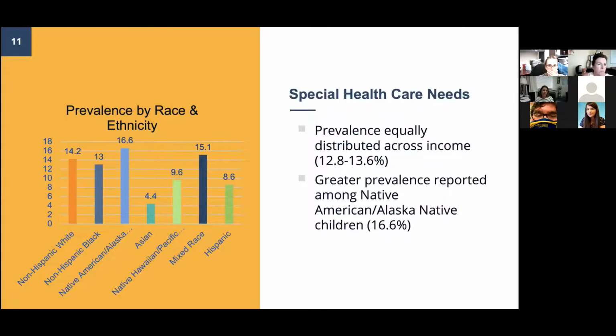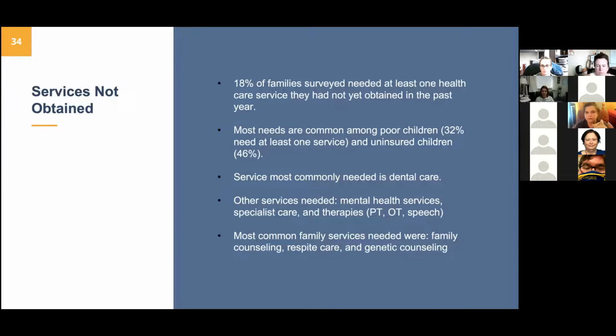Okay, now in this report, they did note a big difference based on finance. So the needs differed for poor children. 32% need at least one service. Uninsured children needed at least one service, 46% of them. Dental care continued to pop up. So it was the second largest on the last study or national survey. It's also the most common in this national survey.